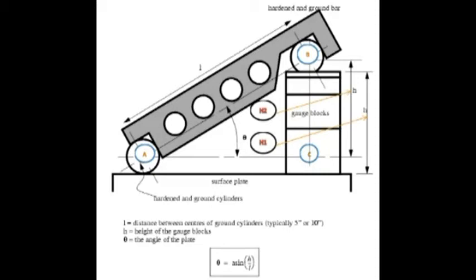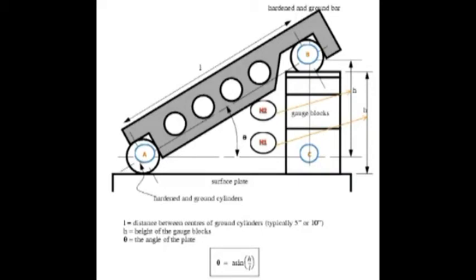So these are various types of applications. Between the two rollers the distance is L, that is, the length of the sine bar. The angle is measured from the face plate, which is the datum.